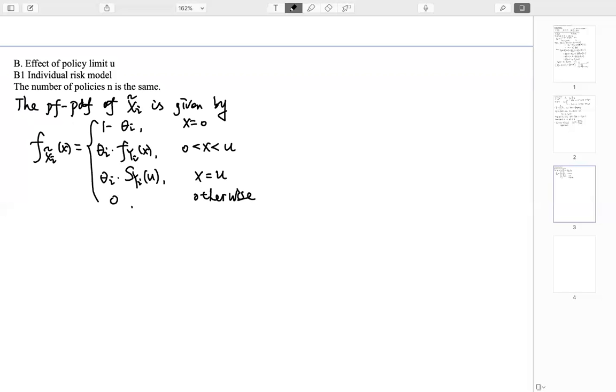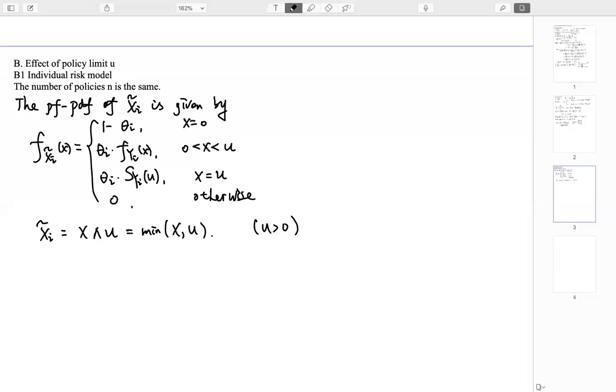So basically your Xi will be the minimum of X and u. So obviously, when your x is 0, your policy limit obviously is positive, so the minimum is still 0.